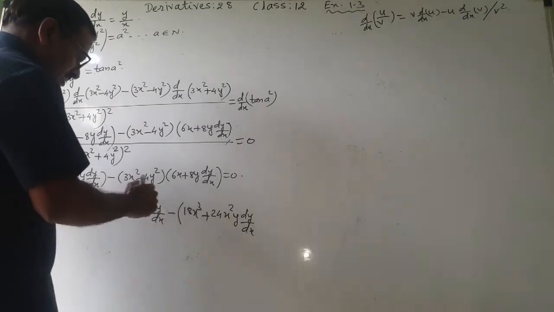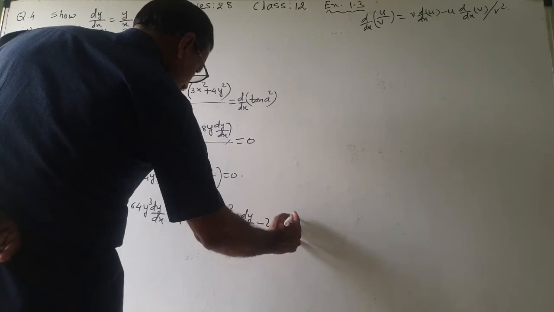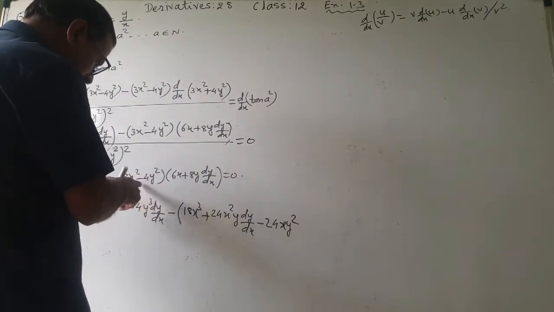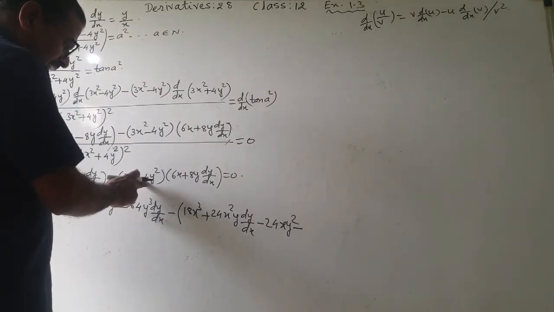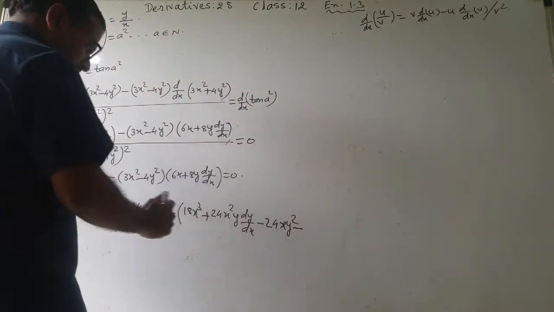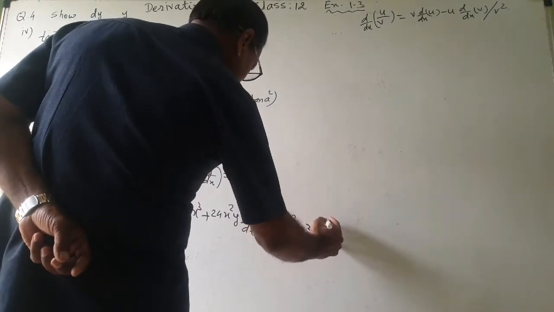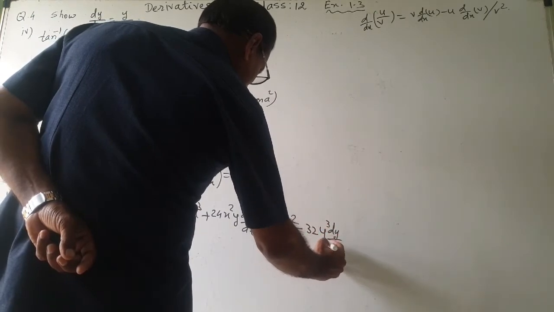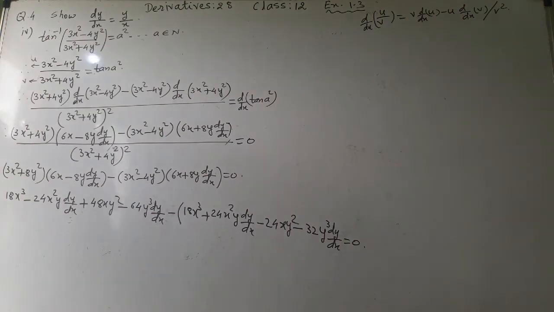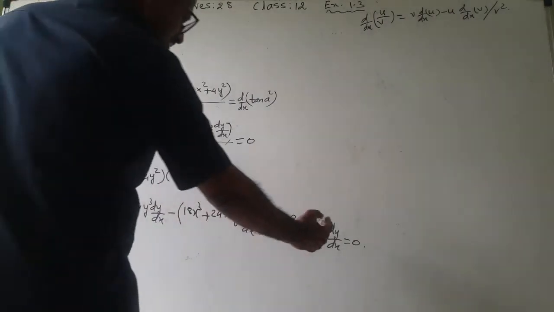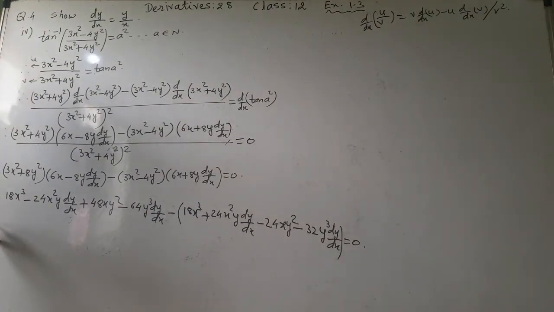Now by this, minus 6 fours are 24 xy square, this minus and this minus will be plus, so 8 fours are 32 minus 32 y raised to 3 dy by dx is equal to 0. Hope that you have understood this. I will complete this bracket. Therefore, now open the bracket.